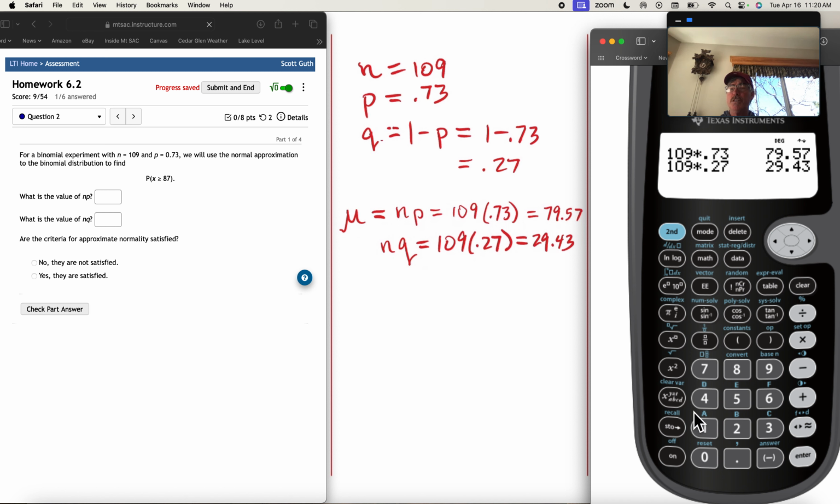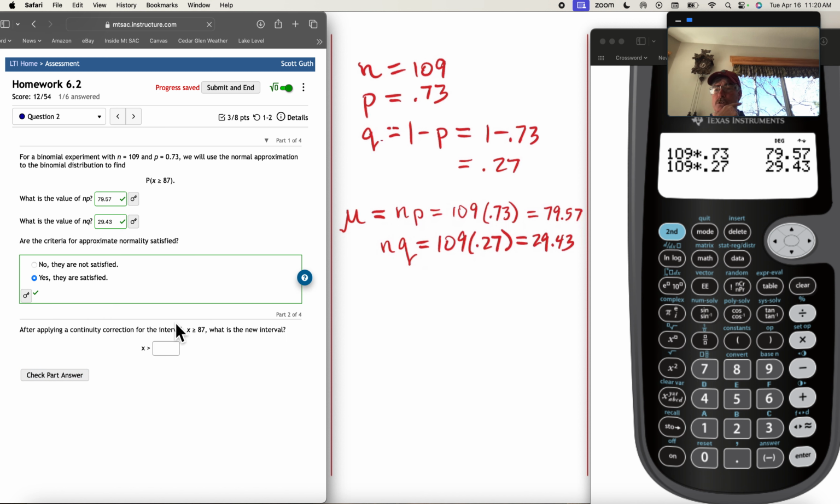Okay, I'm going to put both of those in. So over here in the answers, np is 79.57 and nq is 29.43. And are the criteria satisfied? Remember, these are supposed to be at least 10, and they certainly are, so we'll say yes, the criteria are satisfied here.